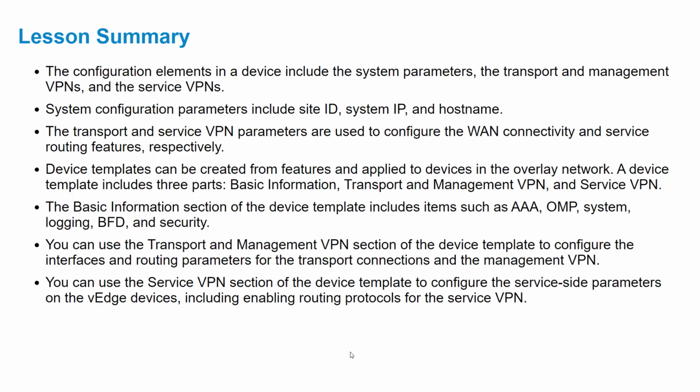And then we can use the service VPN section of the device template to configure service side parameters. Now remember, those are the parameters that are on the customer side, right? The end user facing side of our WEdge devices. And that would be things like enabling routing protocols and just general services for the VPN altogether.